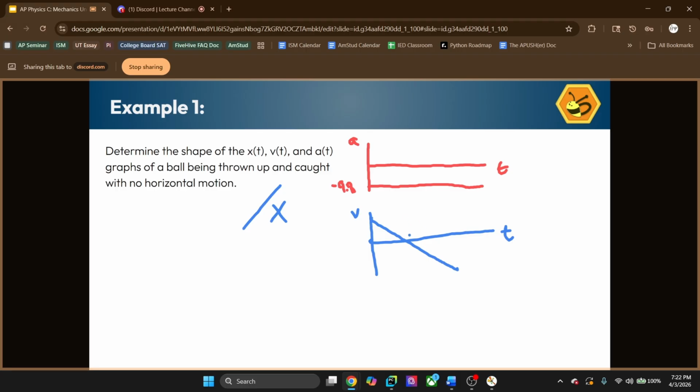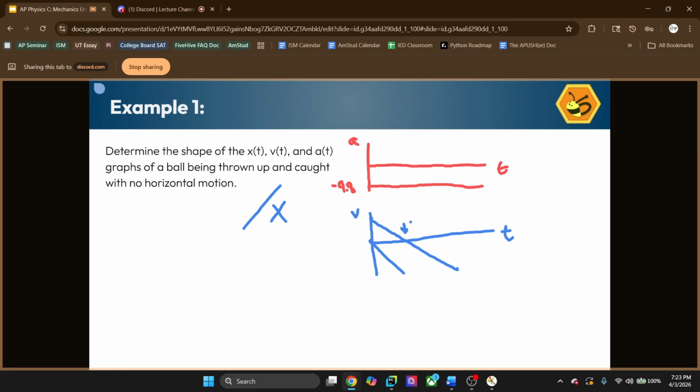And I want to take a pause here and tell you why this is the line and not something like this. And this really stems from just imagining the ball being thrown and caught. When you throw the ball up, it has a positive velocity, right? Since you're throwing it up, sign convention suggests that velocity is positive, and therefore the initial velocity is also positive.